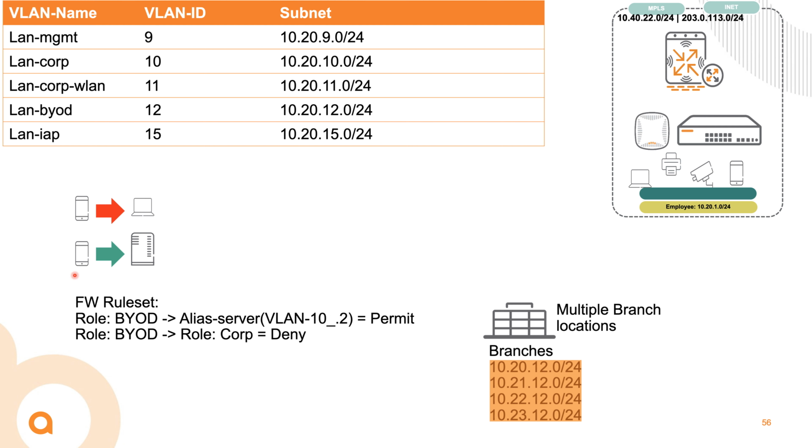And the way this is done within the Aruba SD-Branch solution is that we allocate a role to a particular device or a VLAN, and we can then define an object stating that, for example, always a particular VLAN and then the host offset, so the .2 of that particular VLAN should always be, for example, the corporate server.